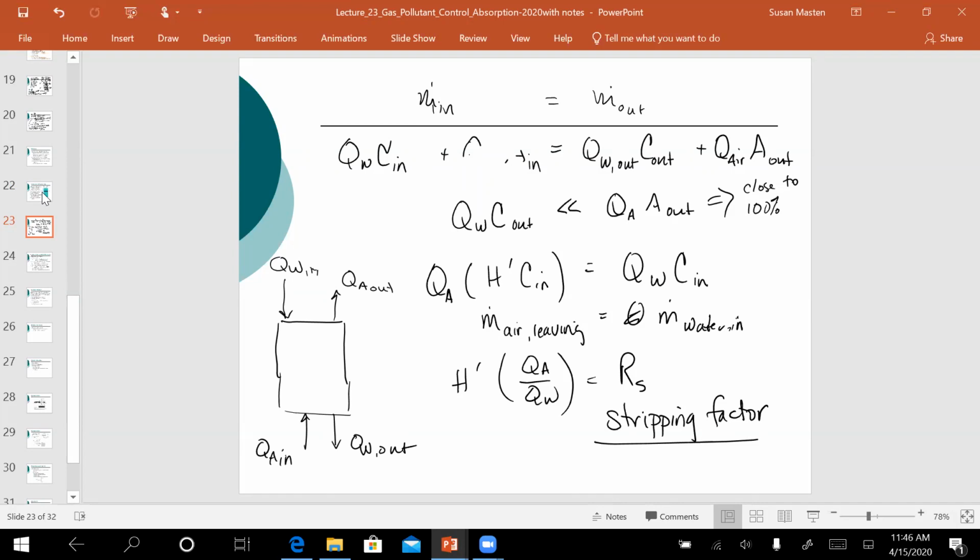So we said that this term QA, the concentration in that, is essentially zero.